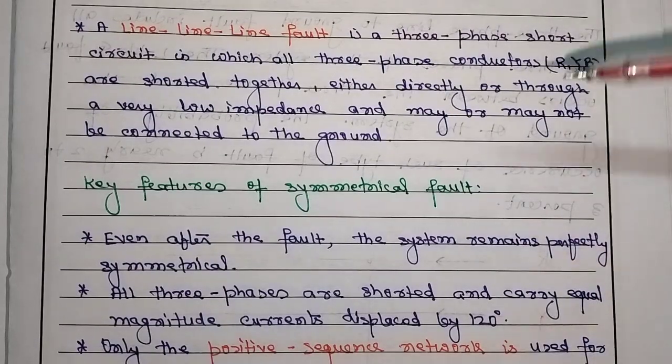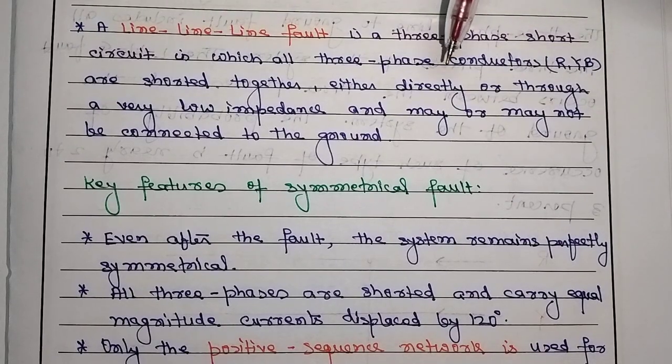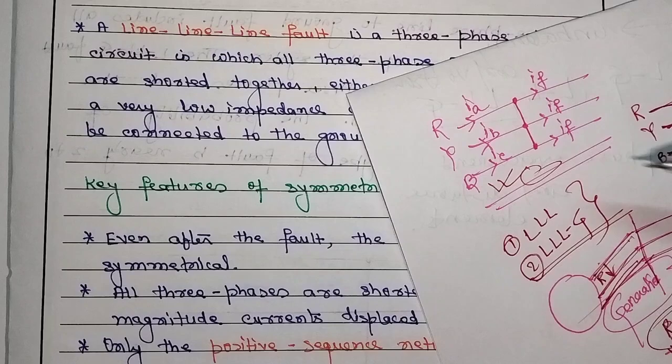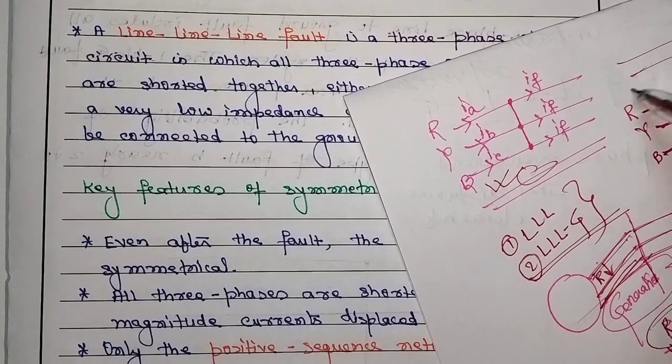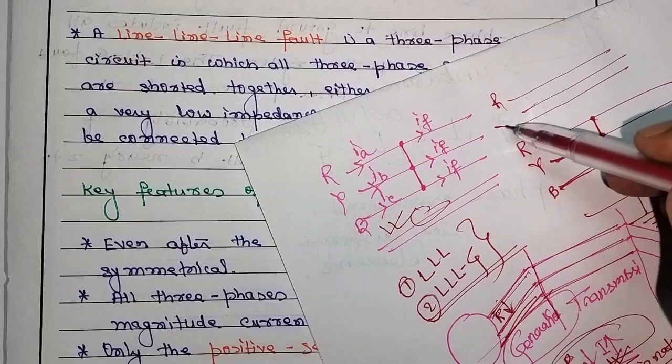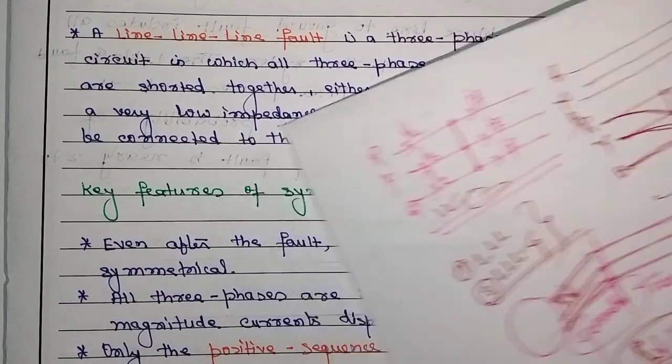A line to line to line fault is a three-phase short circuit in which all three phase conductors R, Y and B are shorted together.